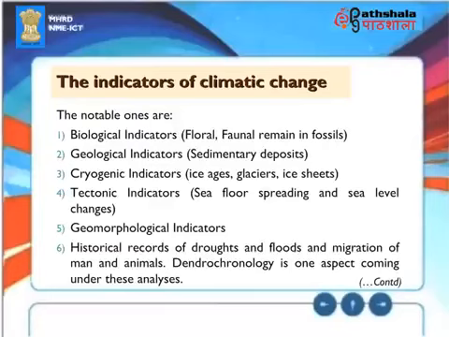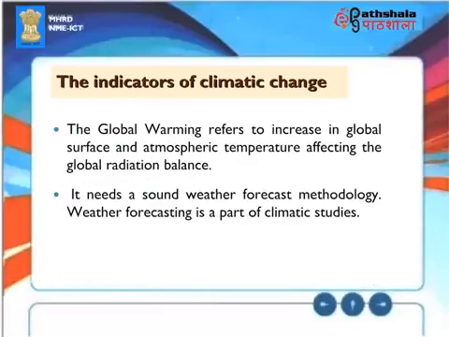Dendrochronology is one aspect coming under these analyses. Global warming refers to an increase in global surface and atmospheric temperature, affecting the global radiation balance. It needs a sound weather forecast methodology. Weather forecasting is a part of climatic studies.